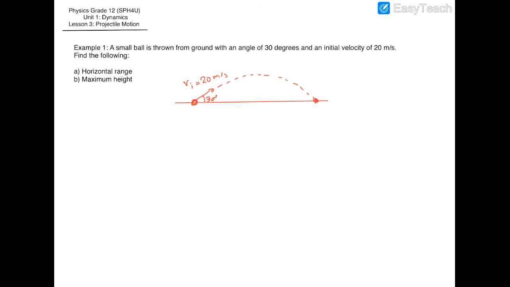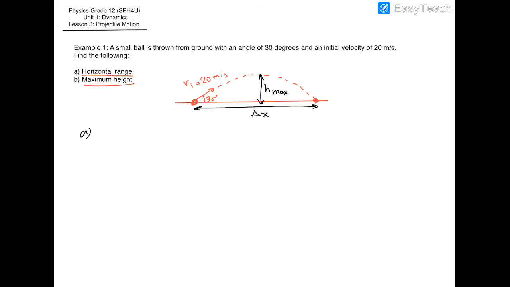Okay, so we want to find the horizontal range, which means we are looking for this delta x, and also we are going to find the maximum height, which is here, and I'm going to show it with h max. Okay, so let's do part A.